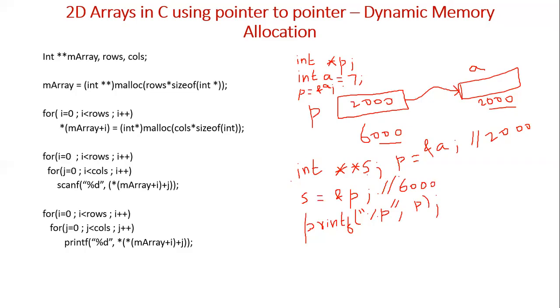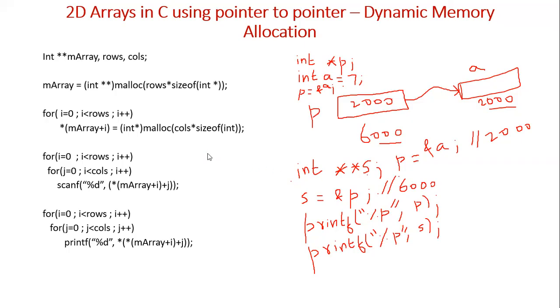Okay, if I display s, what will it display? printf percentage p comma s, it will display what s contains. What does s contain? s contains address of p, that is 6000.